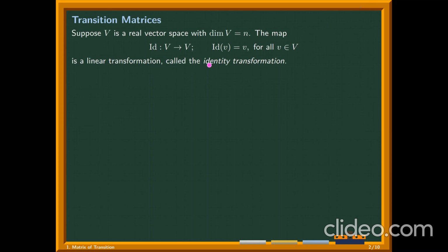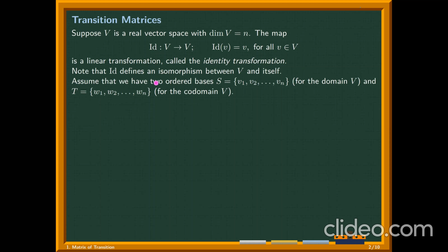We call this the identity transformation. In fact, this linear transformation defines an isomorphism between V and itself.